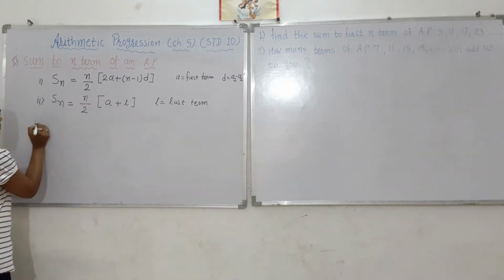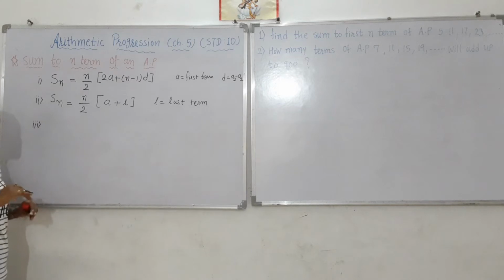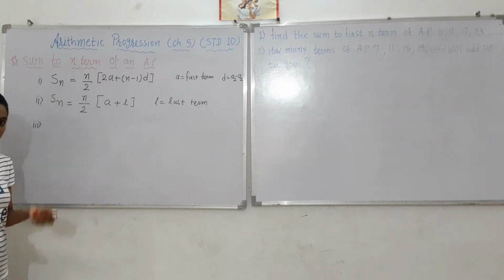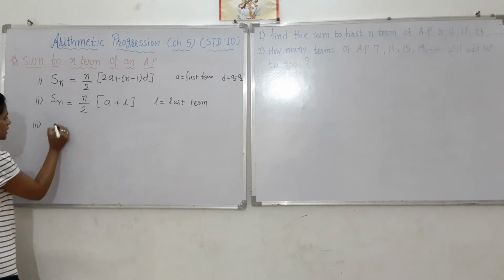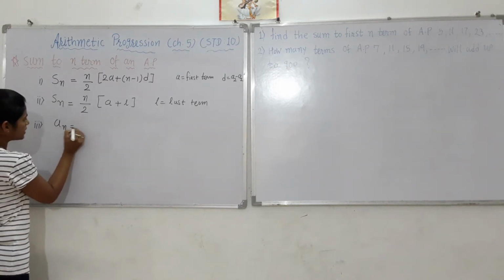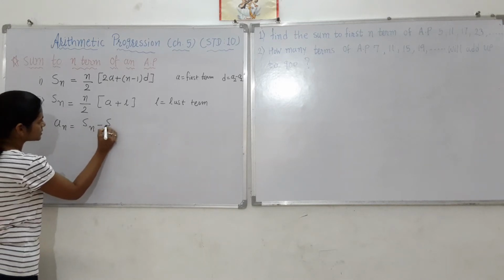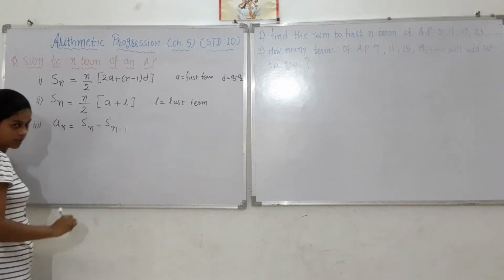Now the third formula is the relationship between Sn and Tn or An, that means the nth term and the sum of n terms. The relation is this: An is equal to Sn minus Sn minus 1.